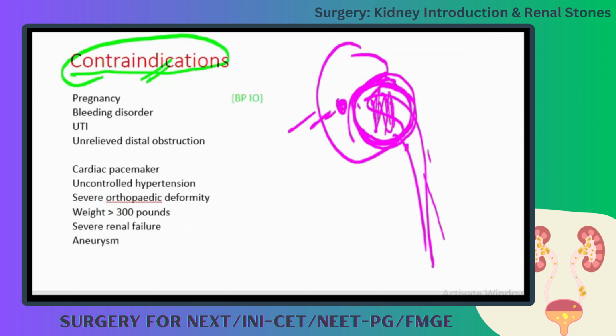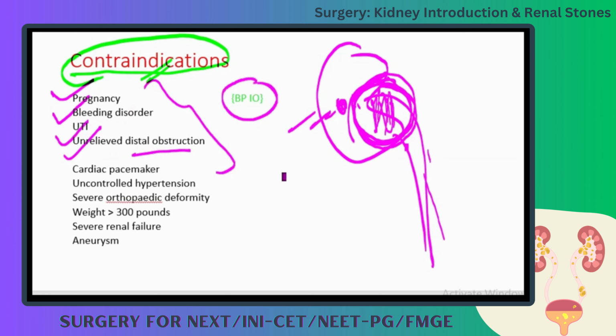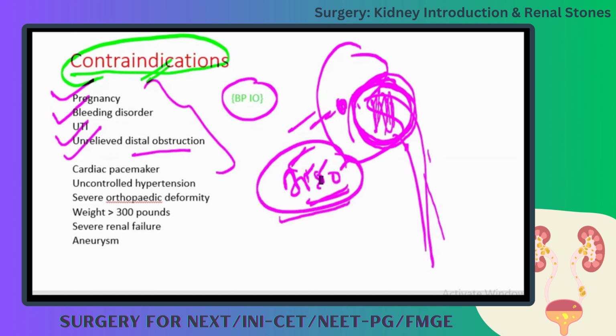The patient is pregnant, or having a bleeding disorder, which will cause much hematuria. The patient is having a urinary tract infection, which will cause sepsis. The patient is having unrelieved distal obstruction, so the stones will not go outside. In these four conditions, it is an absolute contraindication. Remember: bleeding, pregnancy, infection, obstruction.